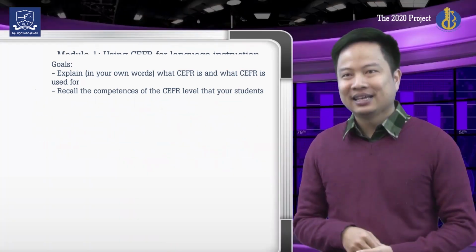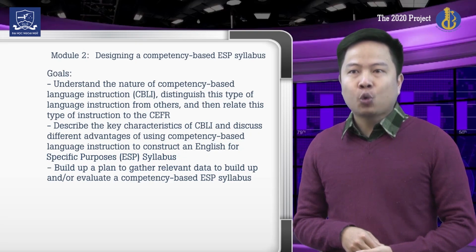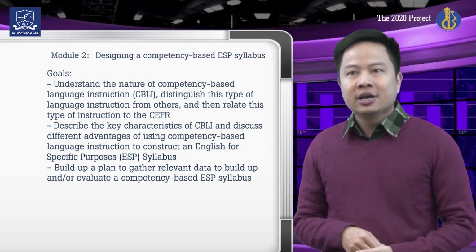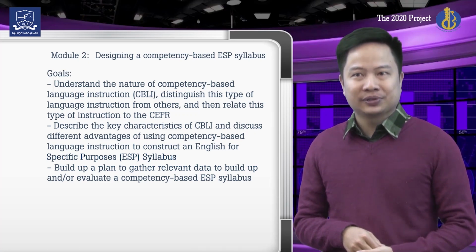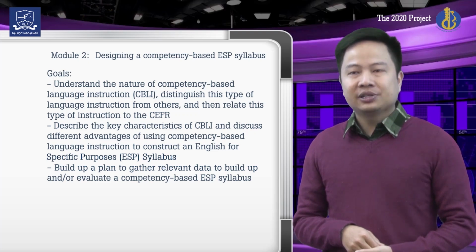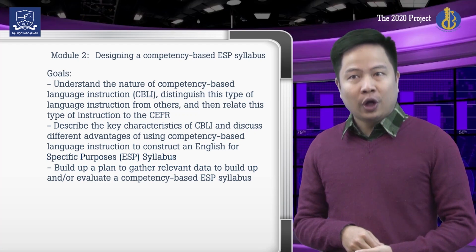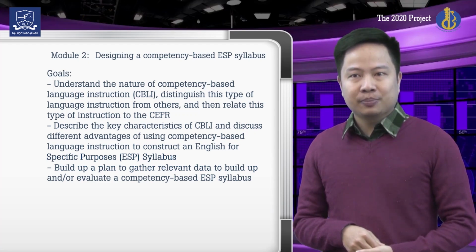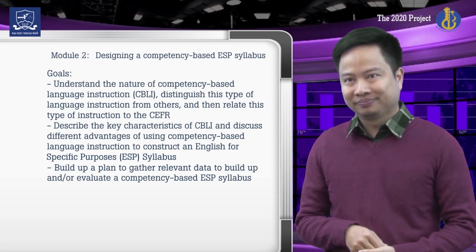In the second module, you are required to use your acquired knowledge about the CEFR in the previous module to inform your construction of a competency-based ESP course. By the end of this module, you are expected to be able to understand the nature of competency-based language instruction, distinguish this type of language instruction from others, and then relate this type of instruction to the CEFR.